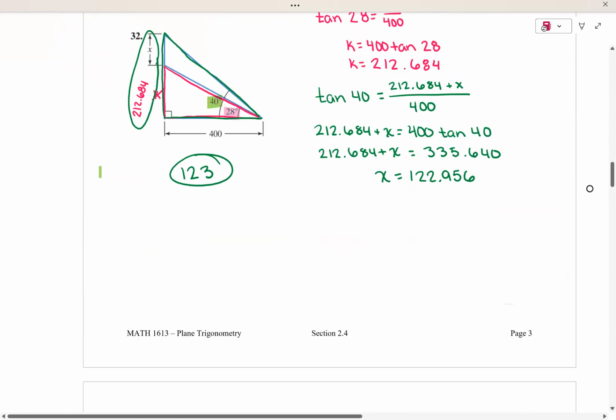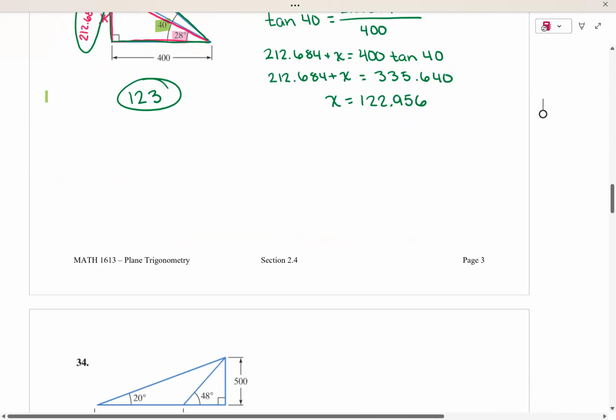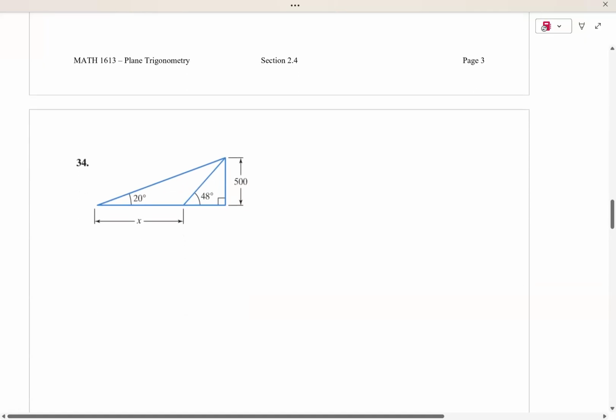So notice that this next one is kind of the same thing. So if you want to pause the video and give it a try yourself, please do. Okay. So again, we have a small triangle right here. So we're going to figure out what that length is right there.